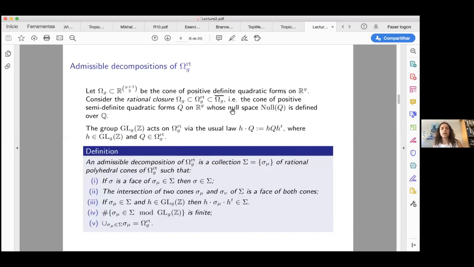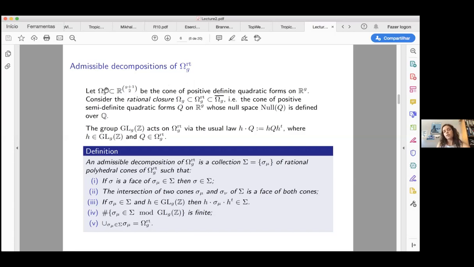All right. Here is the combinatorial data sigma that I talked about before, the combinatorial data that we have to give in order to have a compactification of A_g. It starts like this.